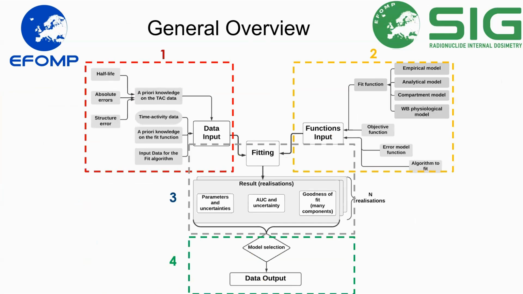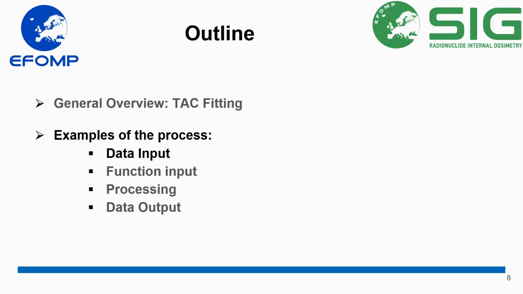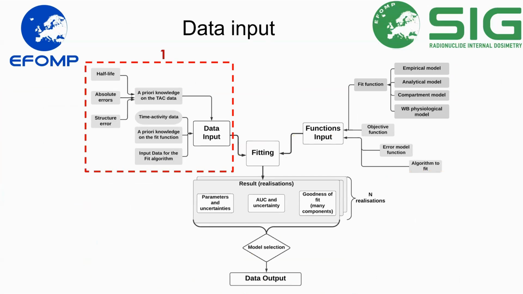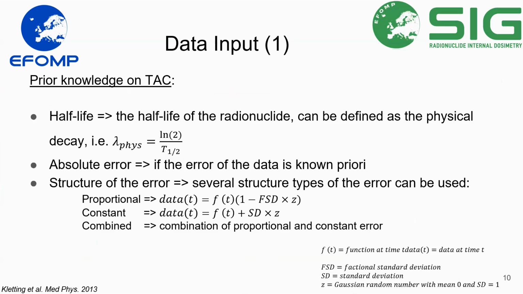This is the general overview, and now we start with the first one, the data input, shown in red here. This data input can be divided into several components. The first one is the prior knowledge on the time activity curve.